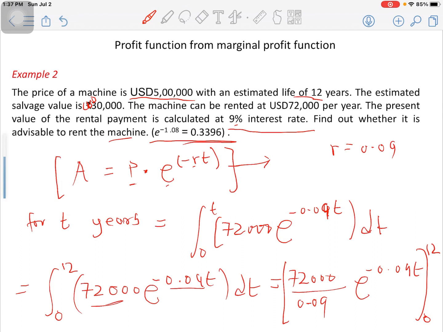So we can subtract the salvage value from the cost of the machine. At the end of the day, we are going to get 470,000. Right? So this is, let's say, our actual value. So we can conclude that it is not advisable to rent the machine, because it is better to buy the machine.